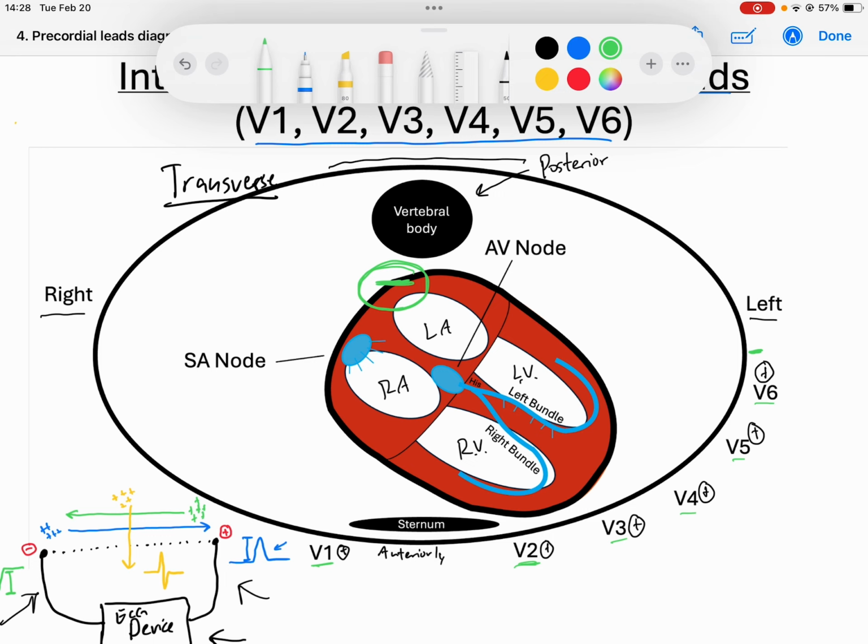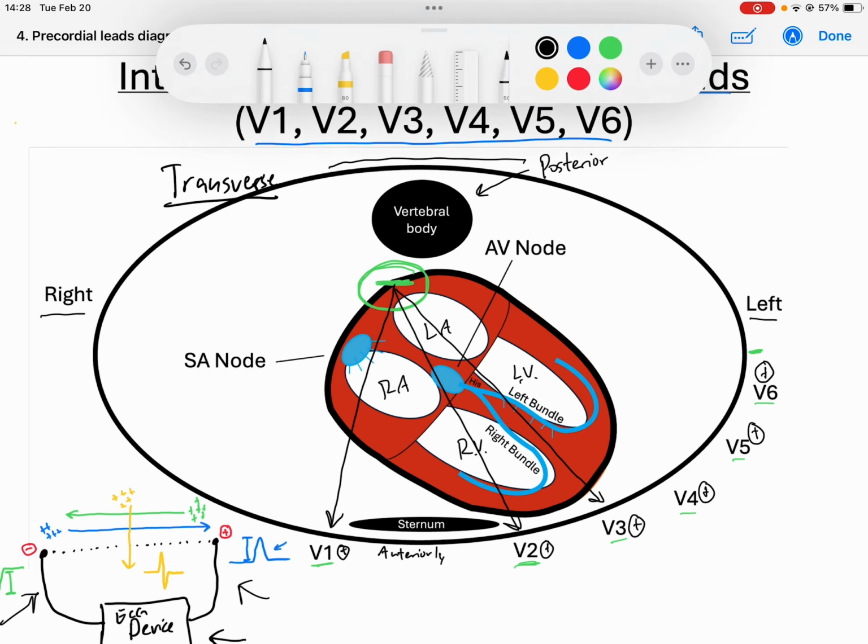So the negative electrode sits in the chest wall, and that single negative electrode is the sole negative electrode that correlates to all of these precordial leads. If we draw the lead created with each of these, V1 is measuring forces going from that negative electrode to V1, then V2, V3.